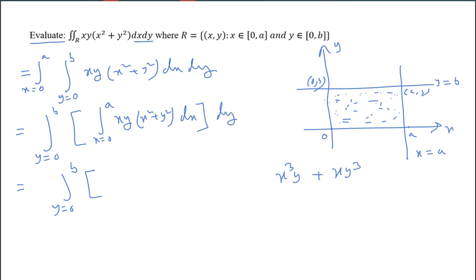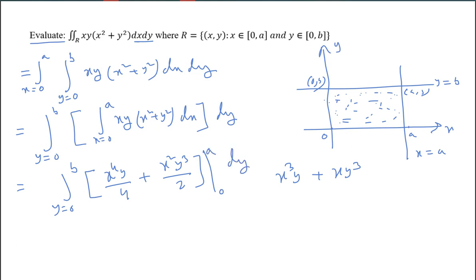Integrating with respect to x, this will be x to the power 4 y divided by 4 plus x squared y cubed divided by 2. Now the integration range for x is 0 to a, dy.